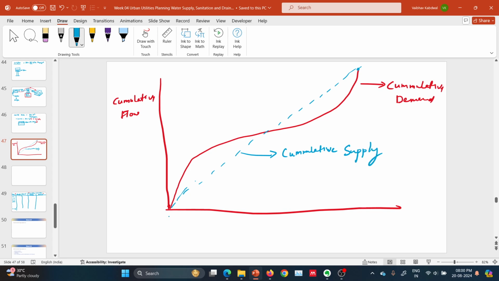And this is 0 to 24 hours. So it is plotted between time and cumulative flow.